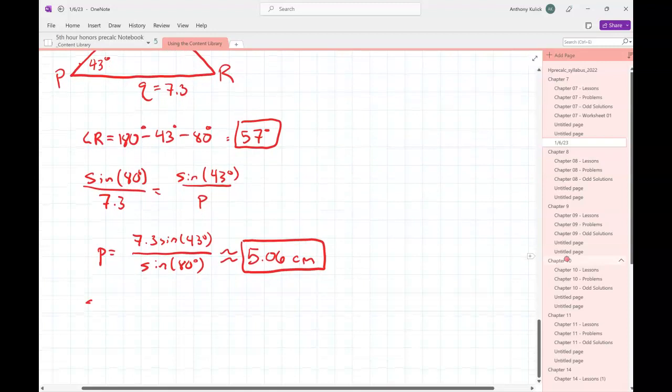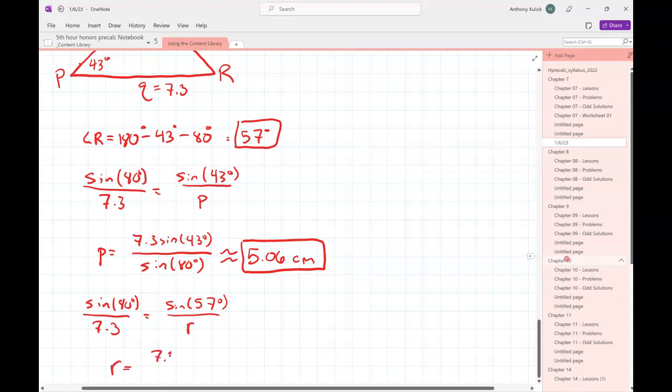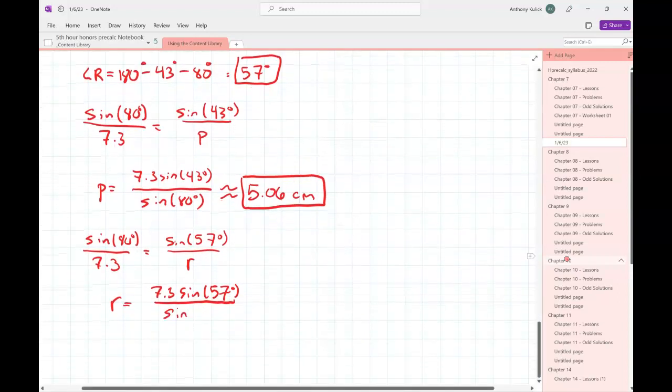And then we'll just repeat the same process. So again, I'm going to use angle Q and side Q that are not rounded. I could use angle P and side P if I were so inclined. It's not wrong to do that, but I'm not going to, just because I don't have to deal with a rounded answer.